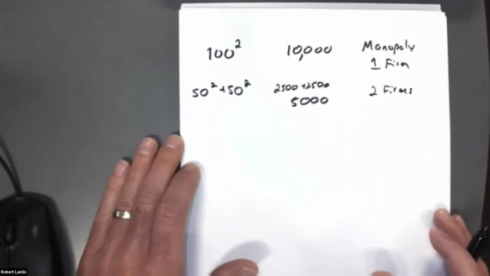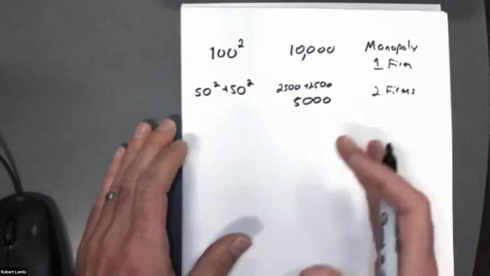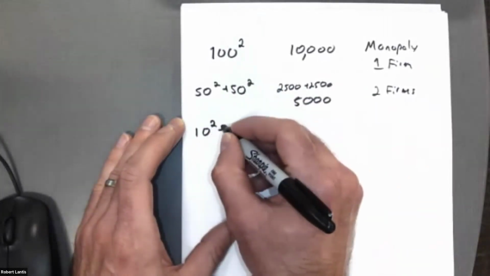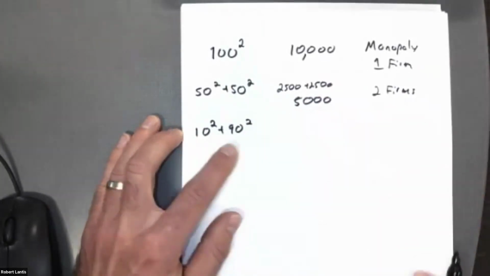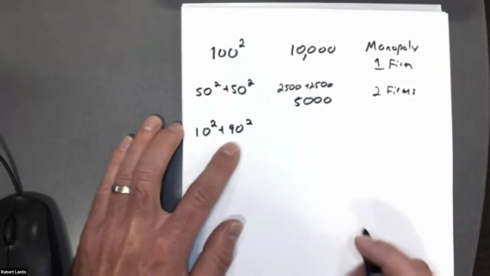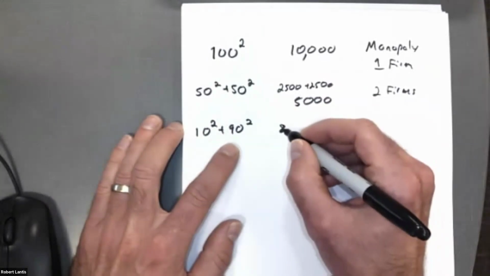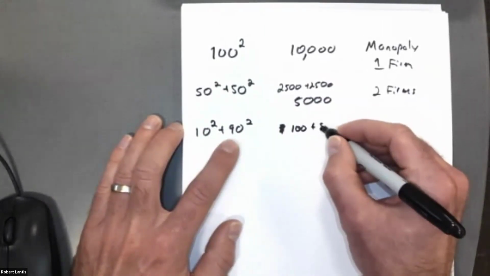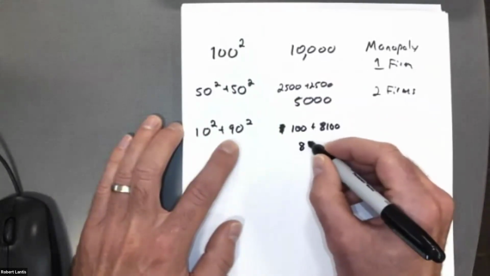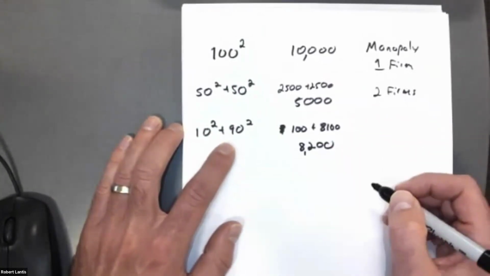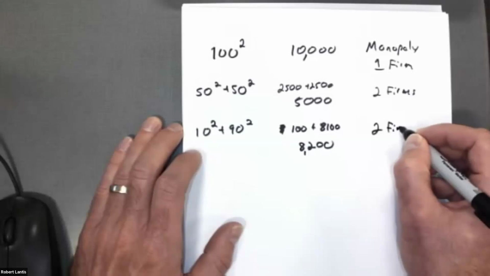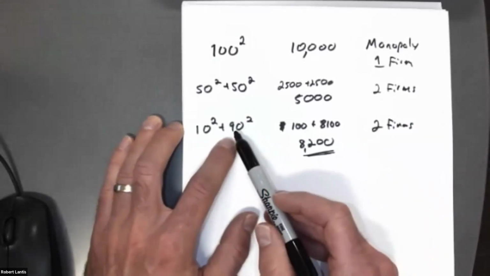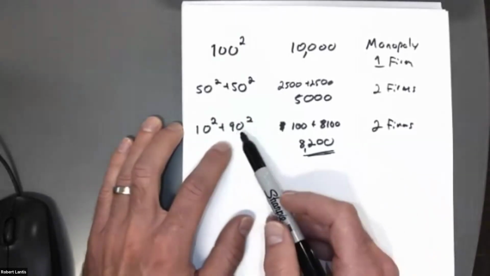So here's one advantage of the HHI, it doesn't just pick up how many firms there are. Let's say I had 2 firms, but one of them has 90% of the market share. So here I'd end up with what? Well, I'll do this in order. 100 plus, this would be what? 8,100, or 8,200. So I still have 2 firms, but the HHI is telling me one of those firms, because it has 90%, is getting over-penalized.